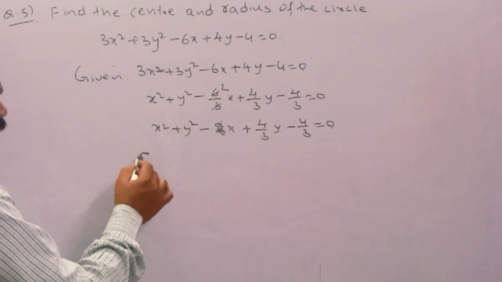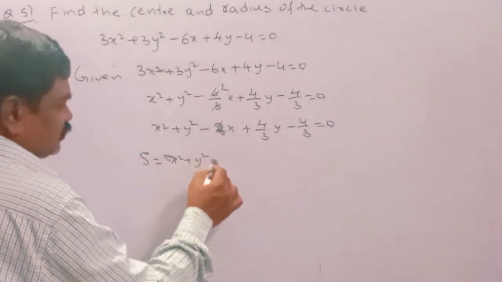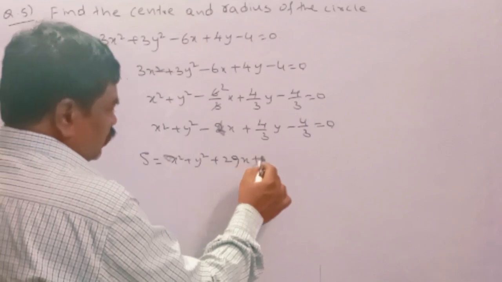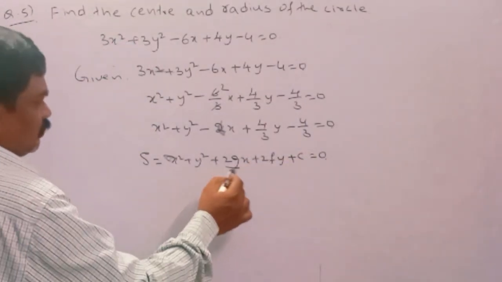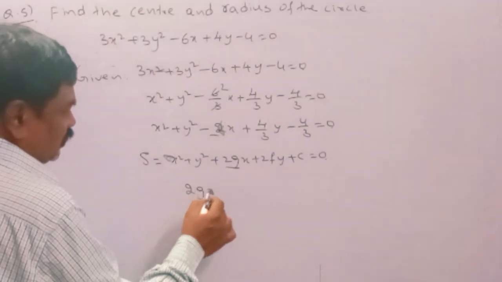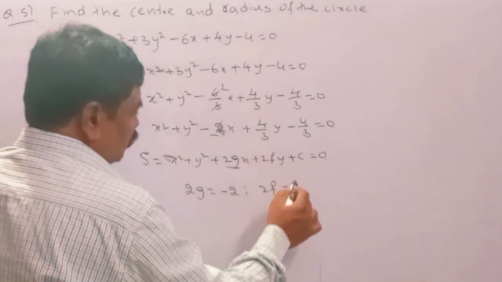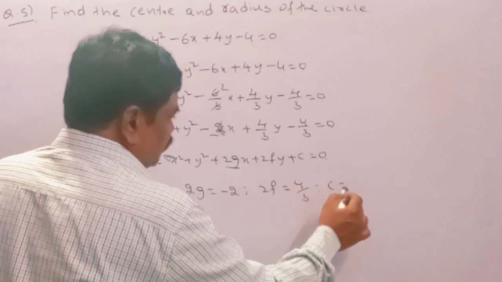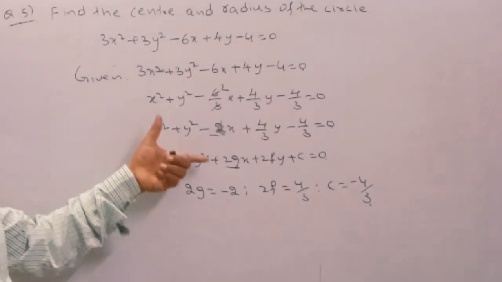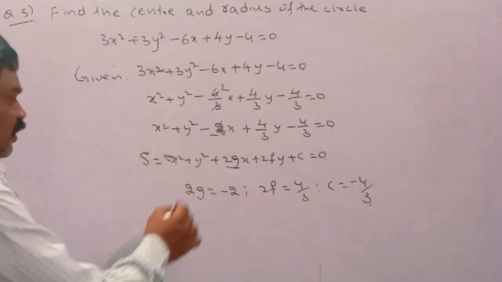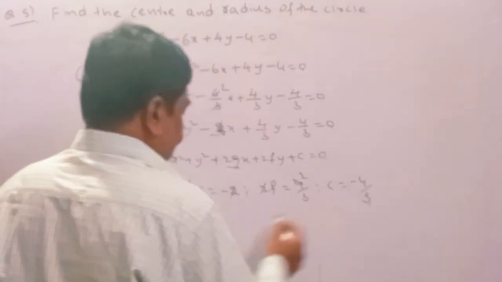Compare this with S equal to x square plus y square plus 2gx plus 2fy plus c equal to 0. Then what is 2g? 2g is equal to minus 2 and 2f is equal to 4 by 3 and c is equal to minus 4 by 3. You compare these two equations, one with the other.